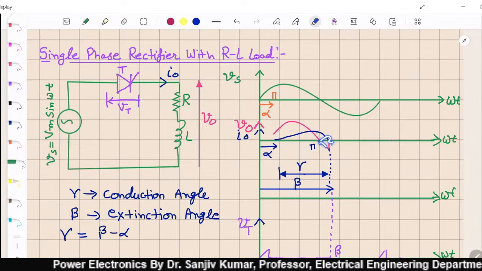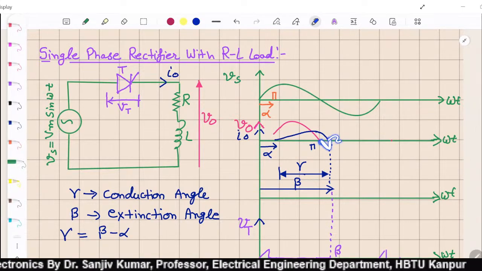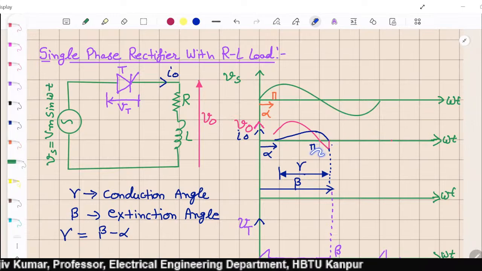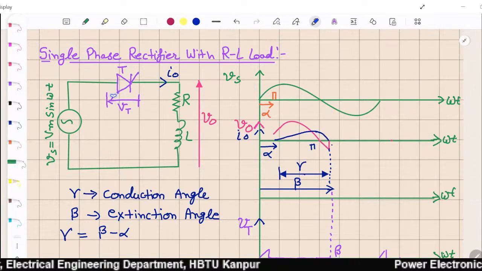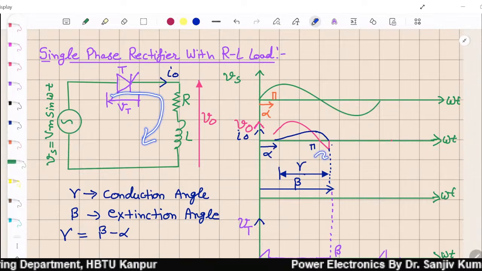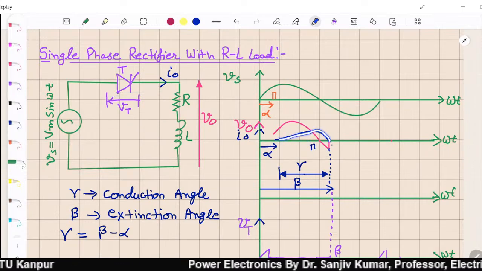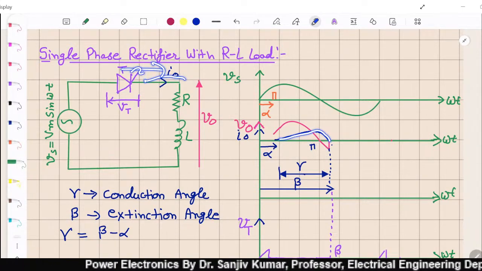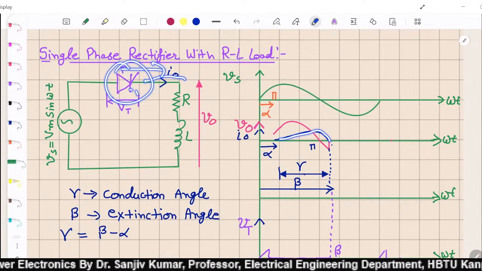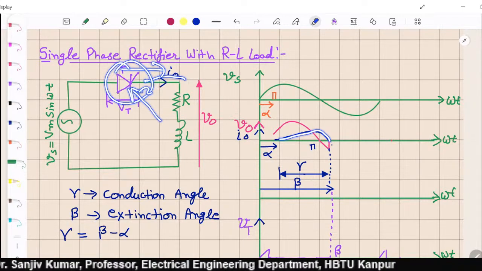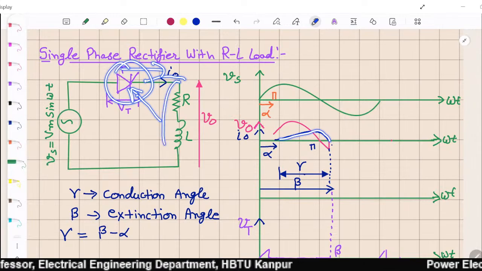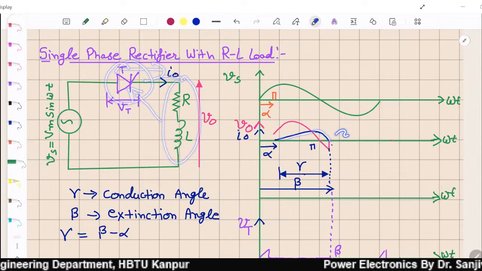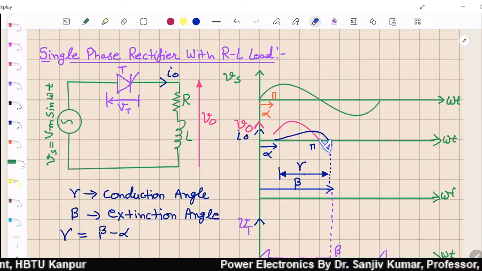After this it is negative. But the inductor is developing a polarity such that current keeps on flowing. And when the current is flowing, that means this device is on. So when this device is on, whatever the input voltage is comes across the output.